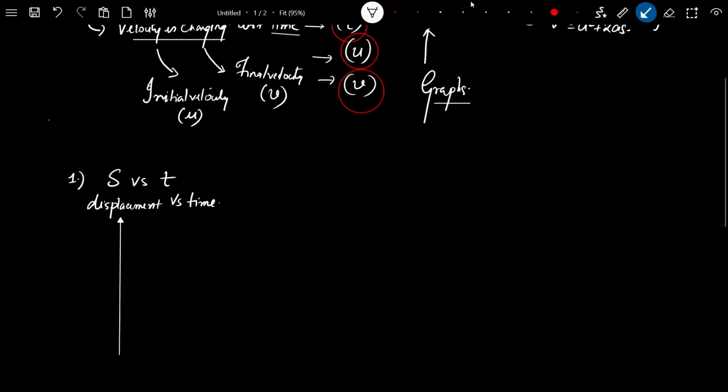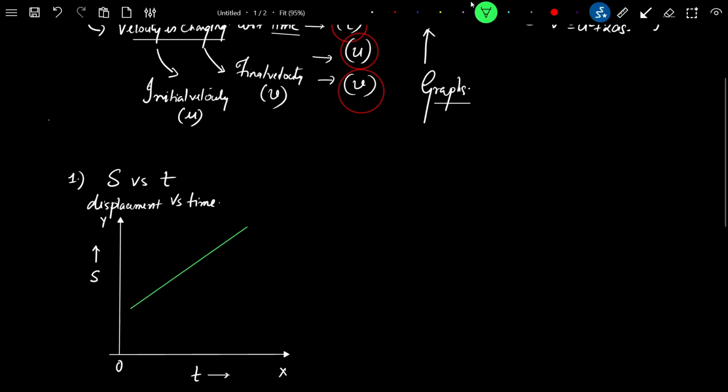On the y-axis we have S, and on the x-axis we have T. This is the x-axis, this is 0, and say this is the y-axis. Let's take a straight line plot of this order. And let's now apply again the understanding of slope here.